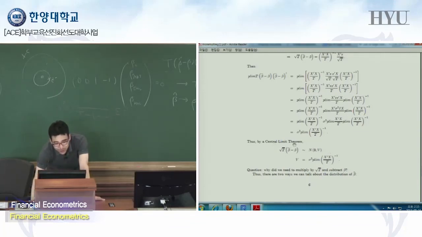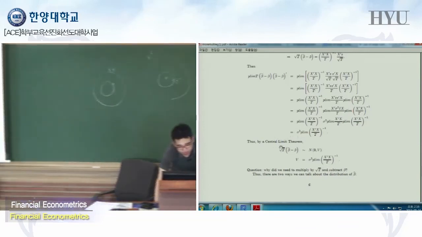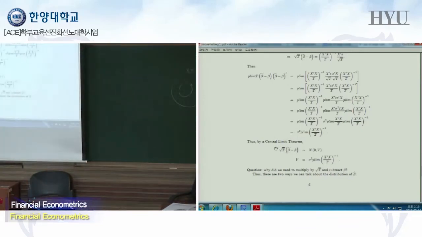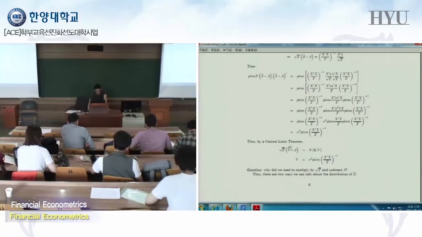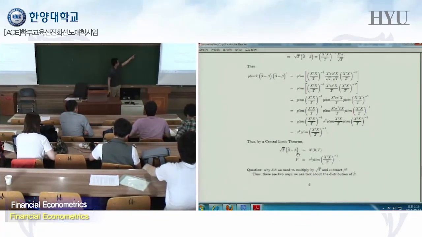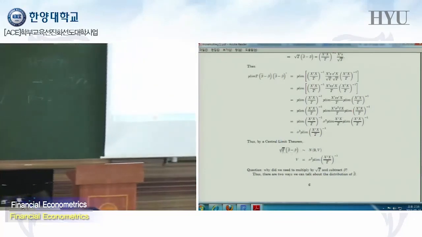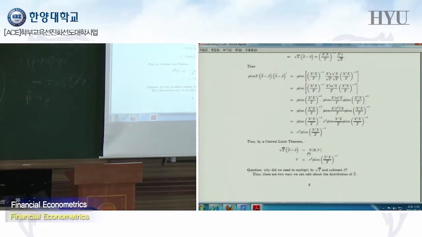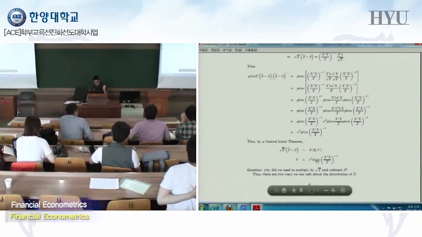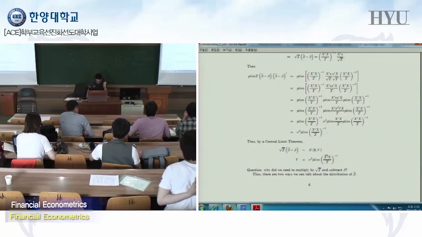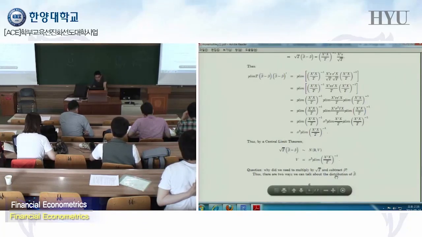Anyway, by a central limit theorem, this is called the central limit theorem. 내가 설명했나? 배웠나? Anyway, by the central limit theorem, because of these two properties, root t times beta hat minus beta converges to a normal distribution with mean 0 and V. V is simply sigma square and the probability limit of x prime x inverse over t, right?